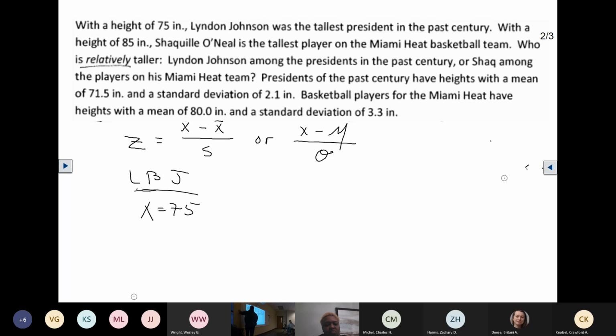X bar for presidents is 71.5. Y'all think y'all could write like this? And standard deviation is equal to 2.1.